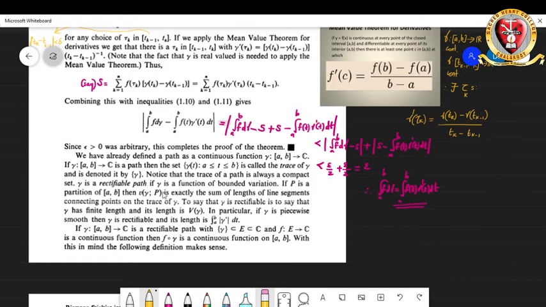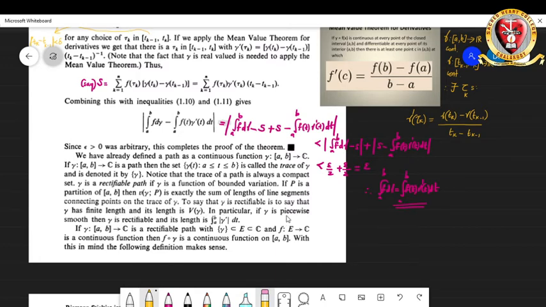So this V(γ, P) is exactly the sum of lengths of line segments connecting the points on the trace of γ. Also, to say that γ is rectifiable, γ has finite length, and its length is equal to capital V of γ, which is nothing but the total variation of γ.